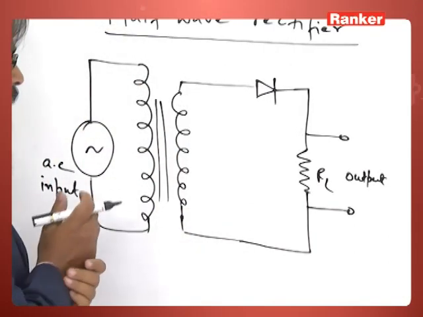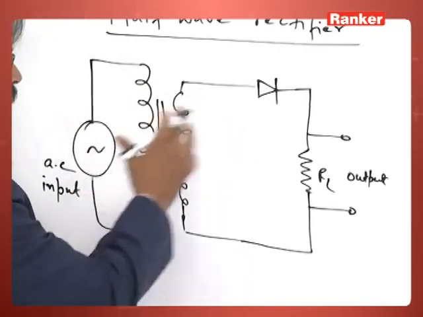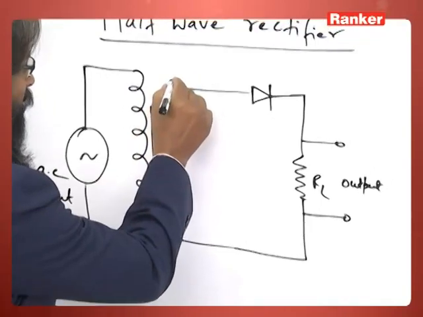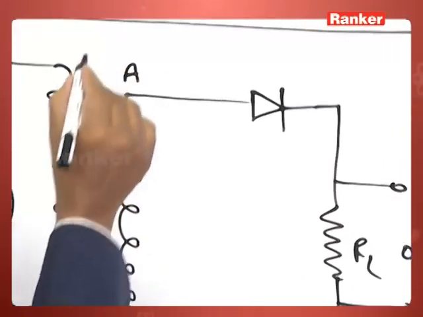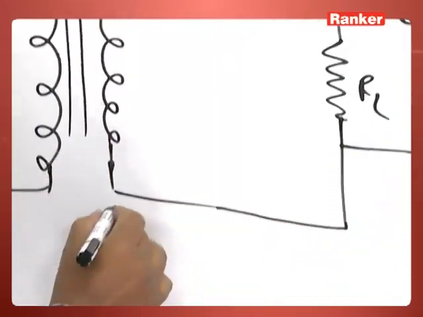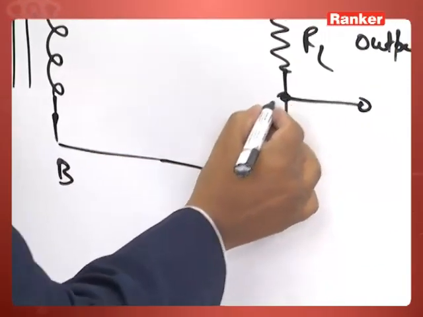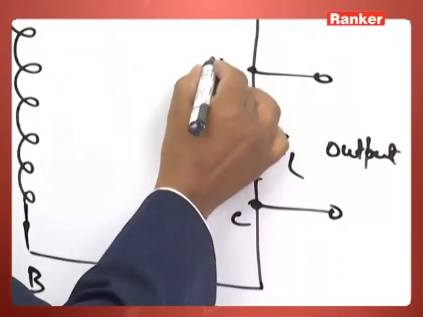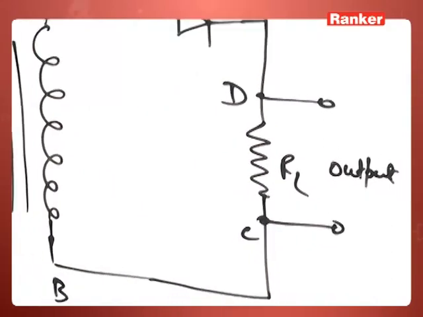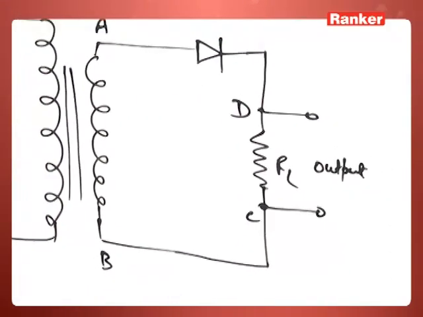Now, let us see how this rectification can be done. Let us assume this point as A and this point as B, and let us call this point C and this point D. Let us denote the input.